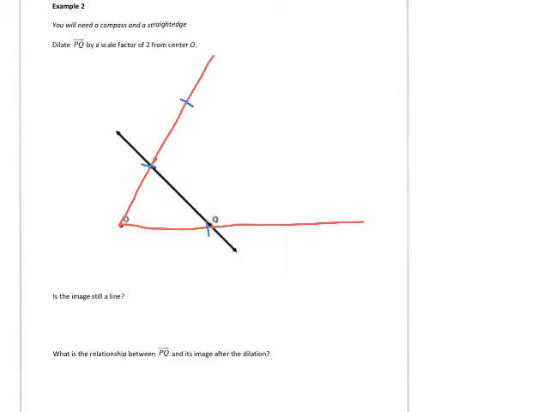We mark off the length to OQ, and we mark it off again. But you should see, this time instead of drawing a segment, I'm going to draw a line. And that line goes through P prime and Q prime.